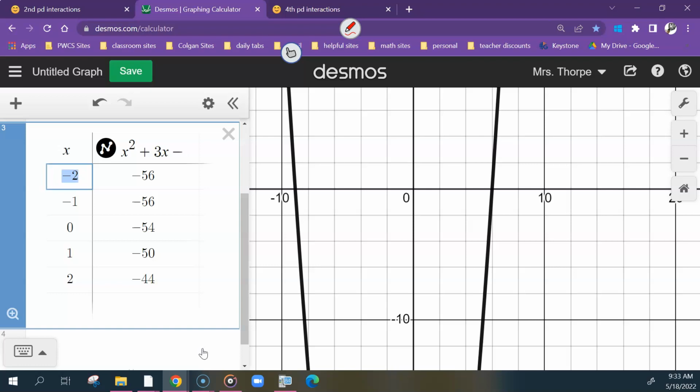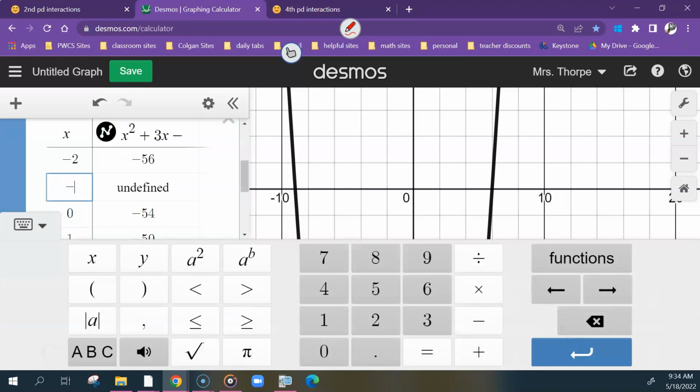So negative 2 would be negative 56, 0 would be negative 54. I just do the equation and make it a table, but you don't have to make it a table. That will probably be one of your multiple choices. So then these 3 would be your answers, and I can get rid of this row.